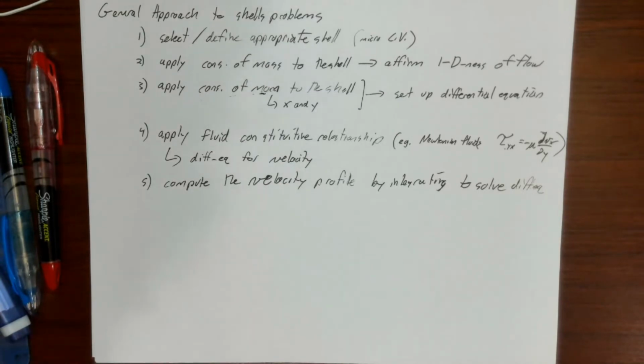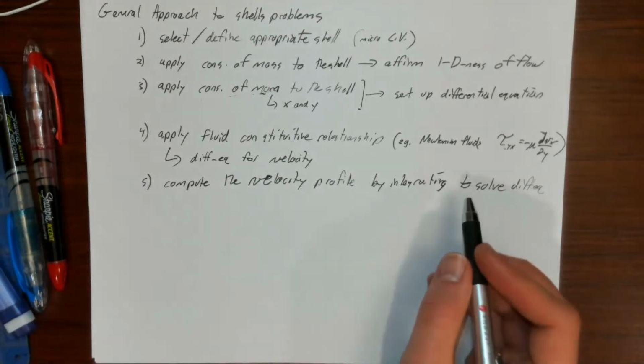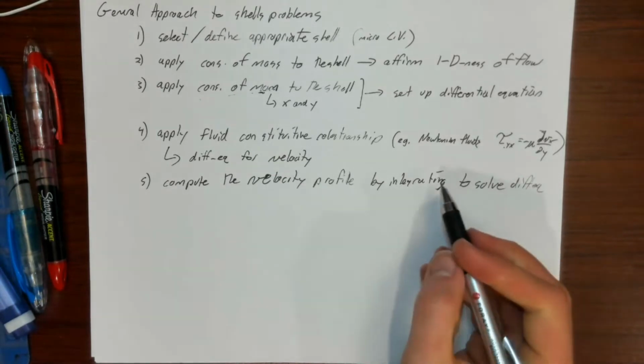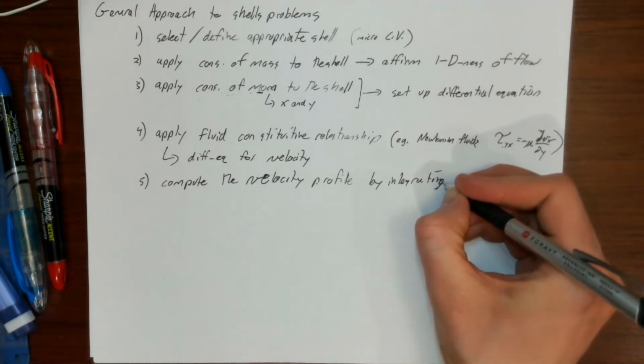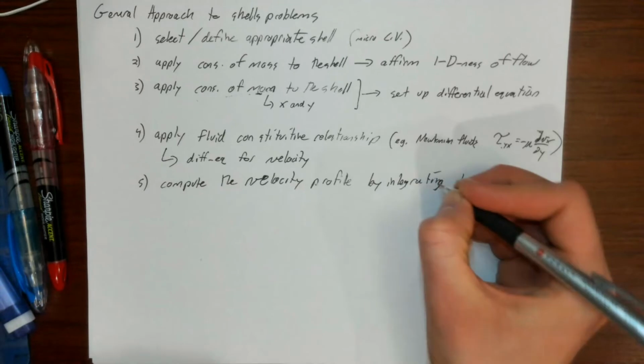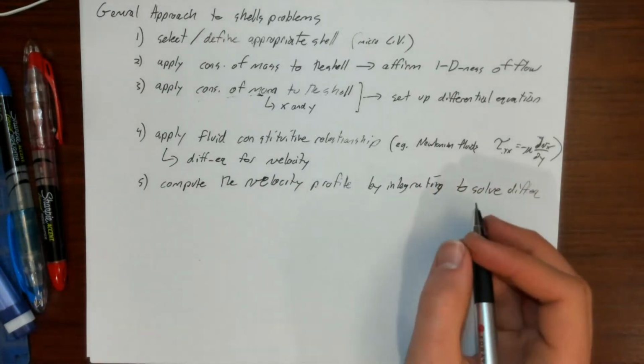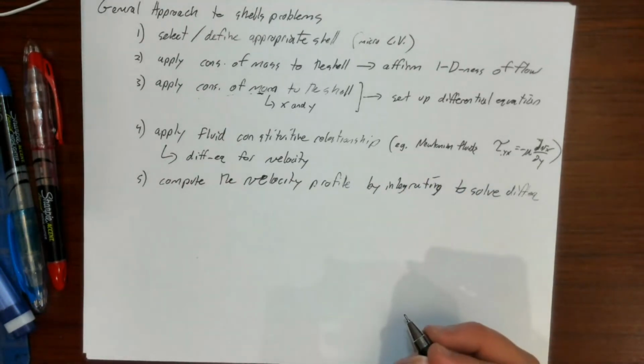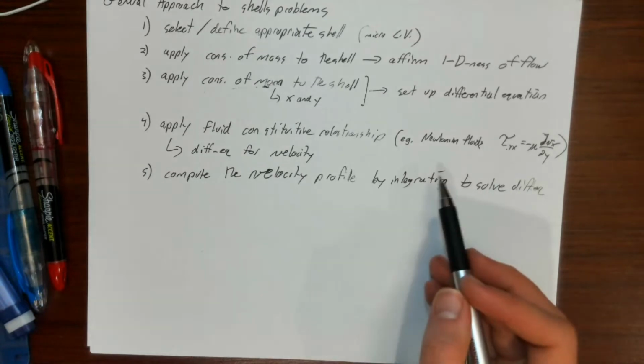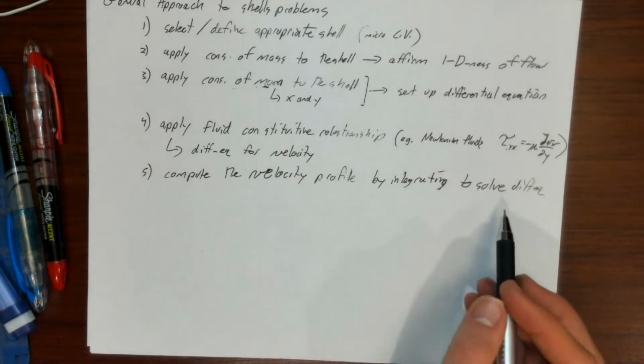Once we've integrated to solve this differential equation, spoiler alert, if you remember, when you integrate, you're often left with constants, or maybe even functions of integration, when you integrate to solve stuff.